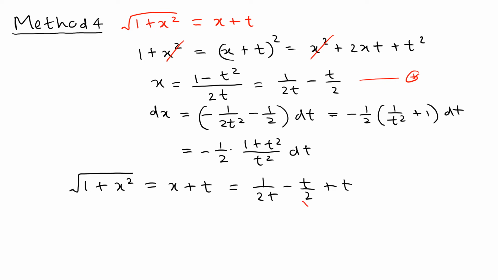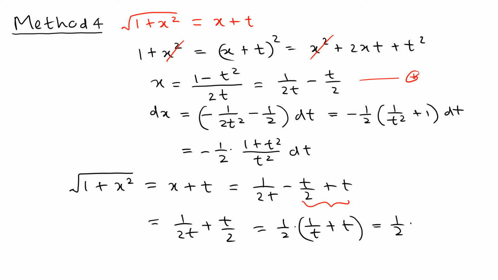You can simplify these, so you get 1 over 2t plus t over 2. Again, you can simplify this also. If you pull out 1/2, this is 1 over t plus t, and then this is 1/2 times 1 plus t squared over t. That's what you get. Now we can substitute all these into the integral and see what's going to happen. So let's do that next.